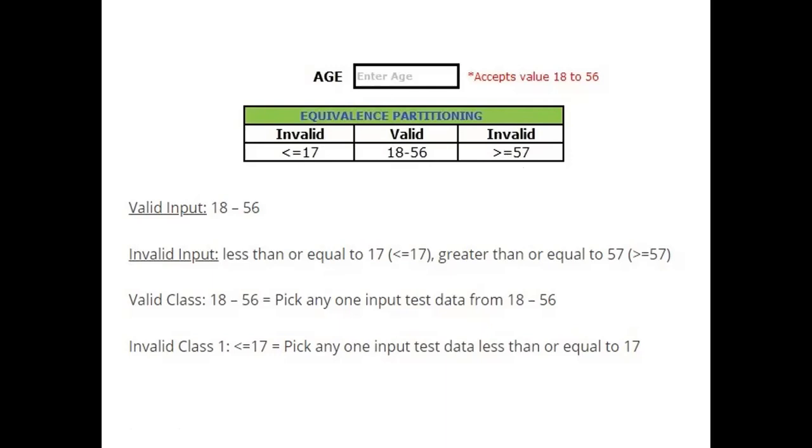So if we are checking these boundary values, also known as range checking, right? Equivalence partitioning and boundary value analysis are linked to each other, so we can use these two techniques together at all levels of testing.